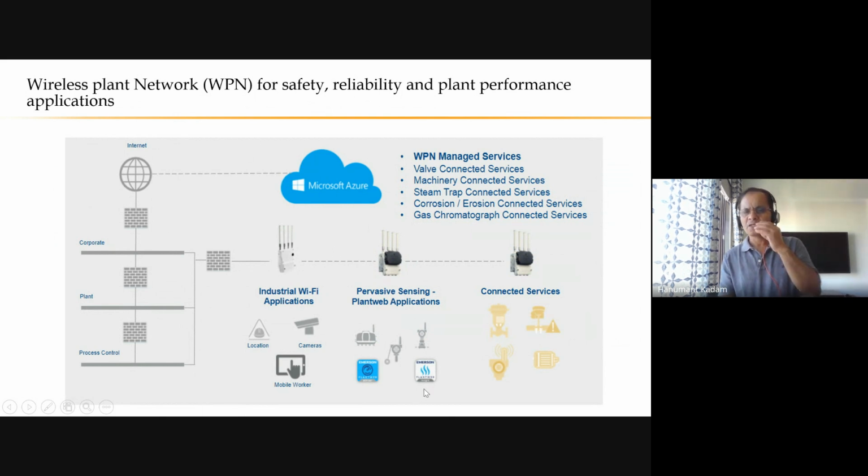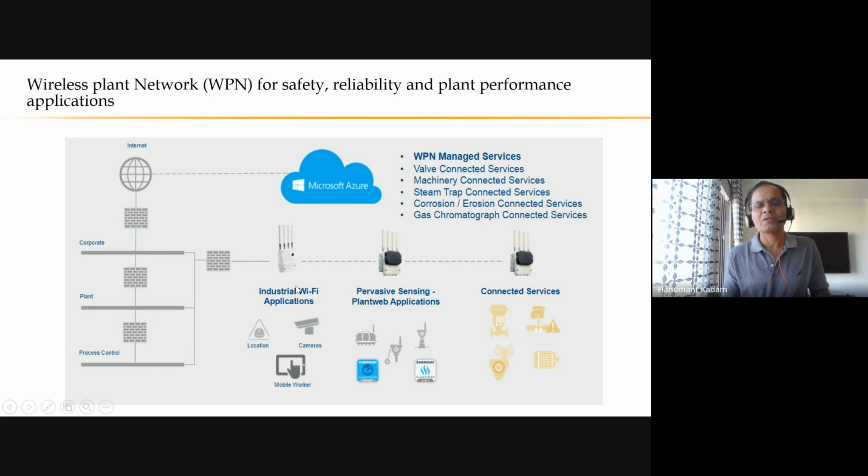So you see here you have connected devices, services, plant web applications, some services, and industrial Wi-Fi applications. Here are cameras for security, for attendance, and for location, to identify which person is where, whether he is in the hazardous area, so location of the people, cameras for surveillance and mobile worker.